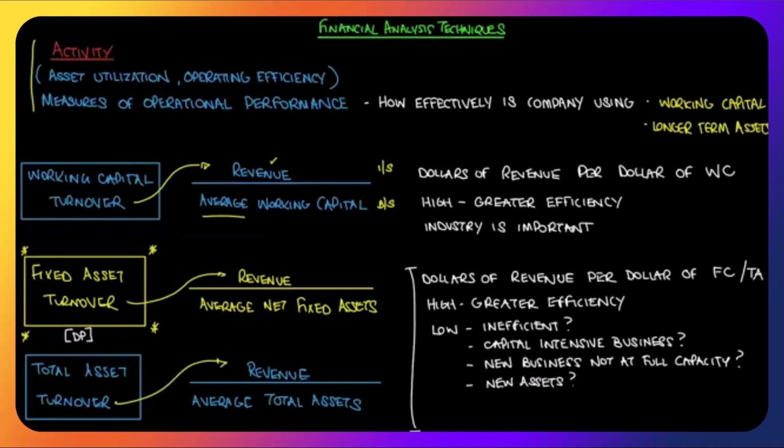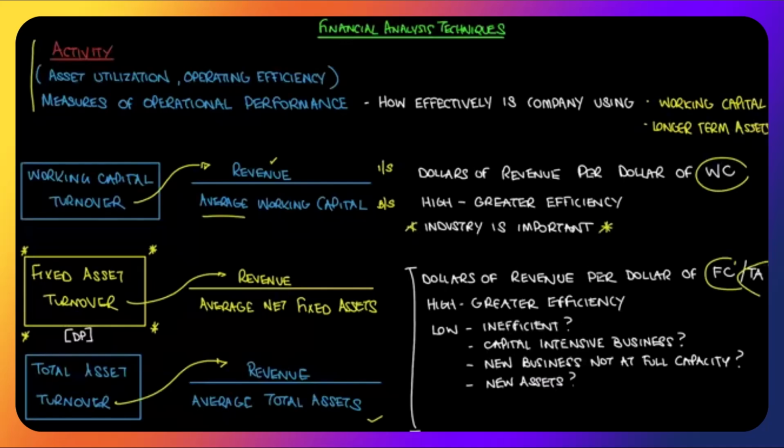This is how much revenue do you generate with your asset base? Dollars of revenue per dollar of, obviously in this one, working capital. Here, fixed capital. Could be fixed, could be total down here. So total in this last one. So it's how much you generate given a dollar. Higher is greater efficiency. As I mentioned earlier on, context.